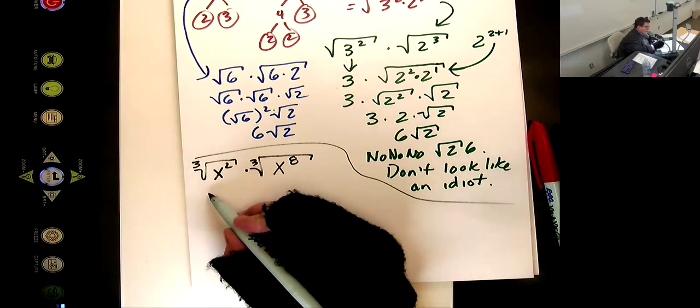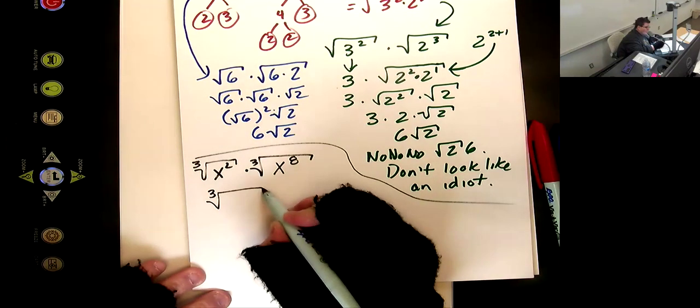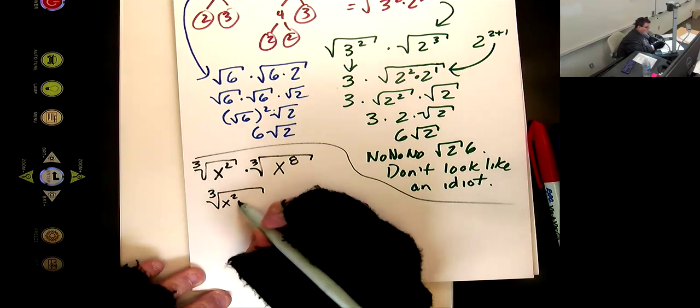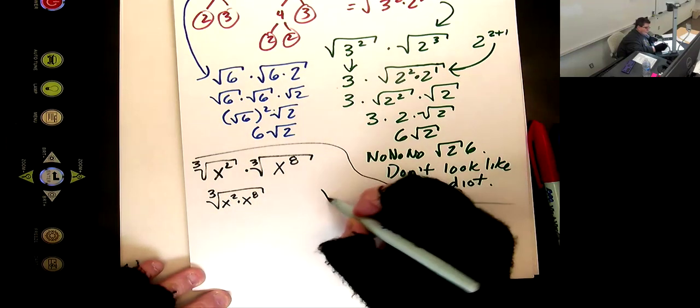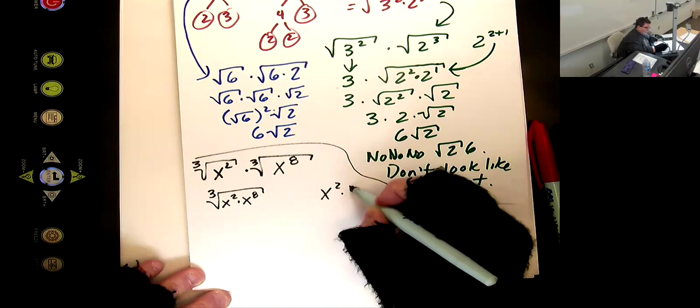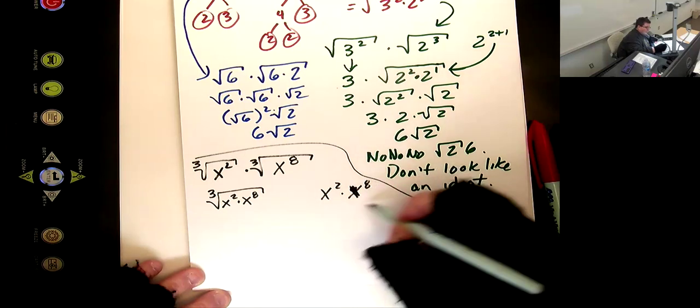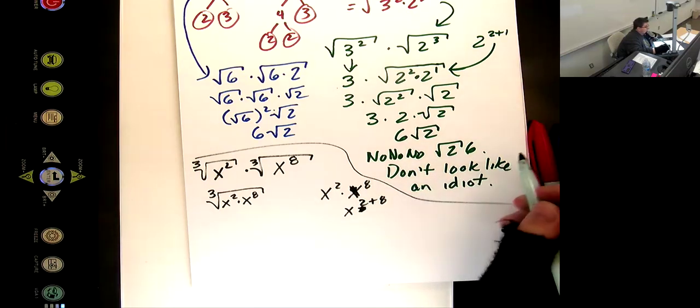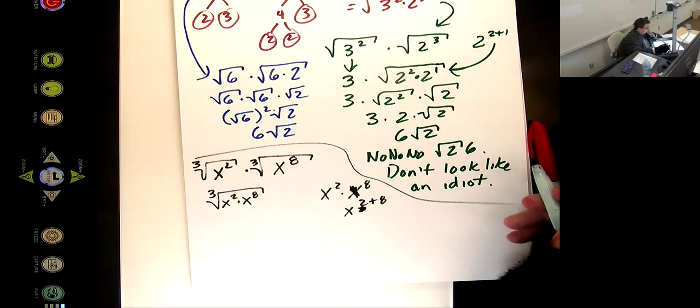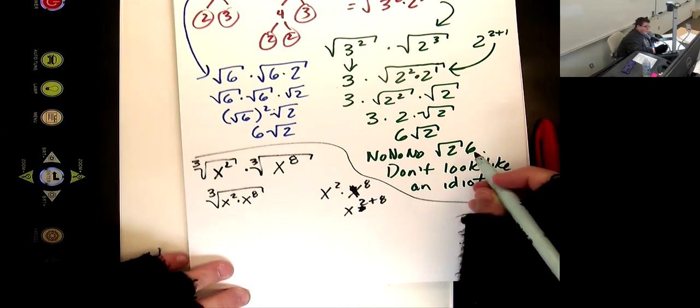I could put that together to make cube root of x squared times x to the 8. And I mentioned that earlier. That is the same thing as x to the 2 plus 8. If you've forgotten why, I will show you real quick as a reminder.